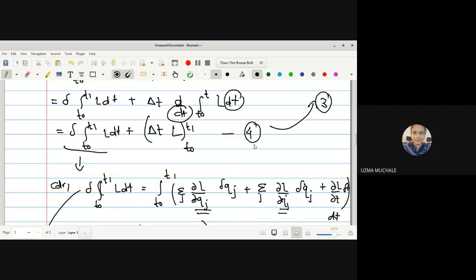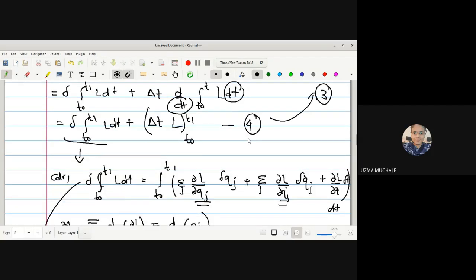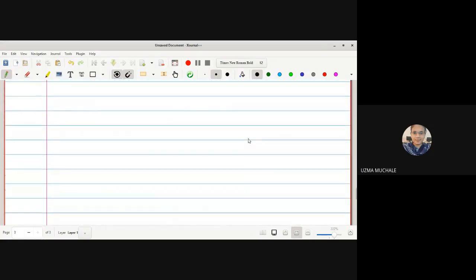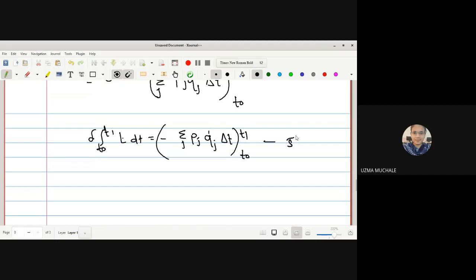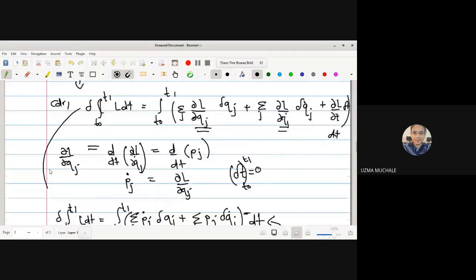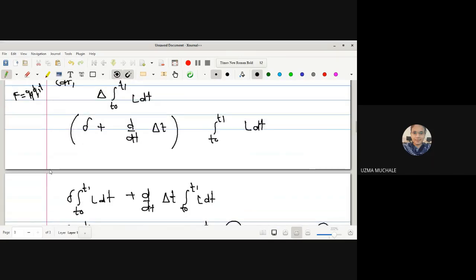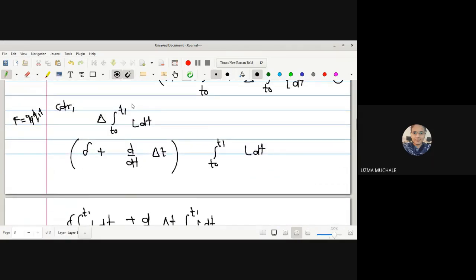So now let us put equation 5 in equation 4. Substituting equation 5 in equation 4. Using 5 in 4, we get, what is our equation 4?